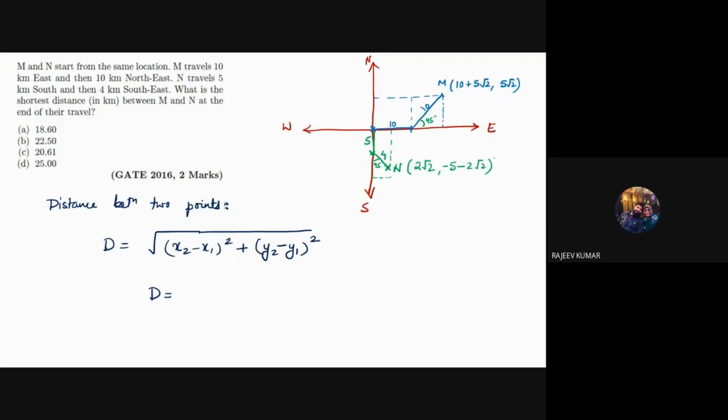See, if you convert these numbers into decimals, what you're going to get is, ये ऊपर वाला जो है आपका it will become 17.07 and 7.07. जो नीचे वाला है आपका, that is point N, that will become 2.03 and minus 7.03.